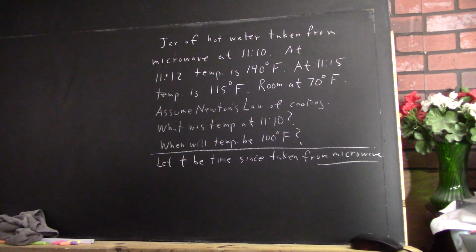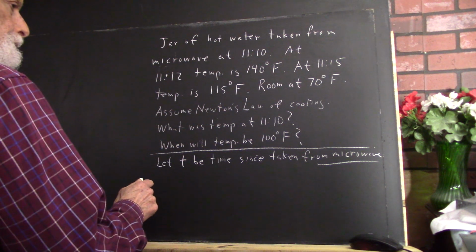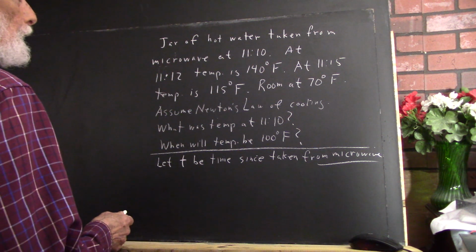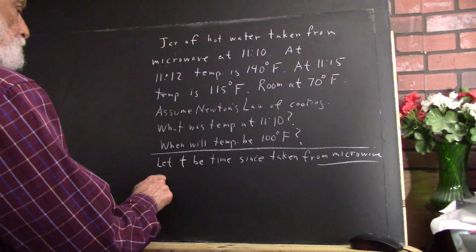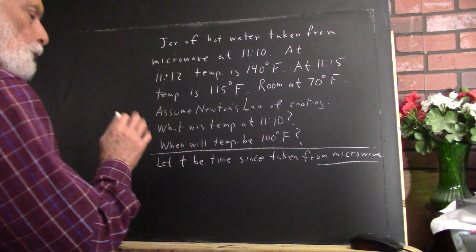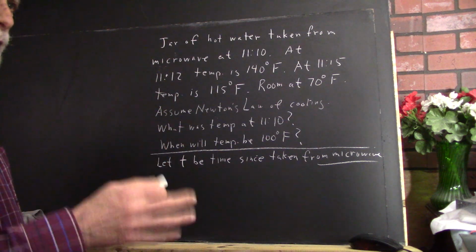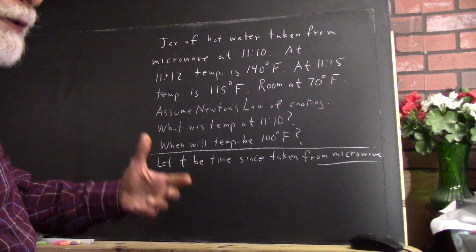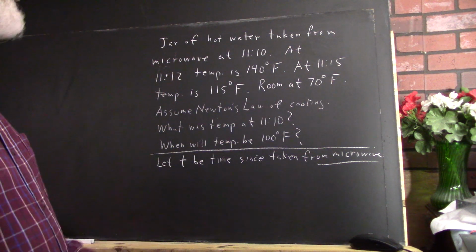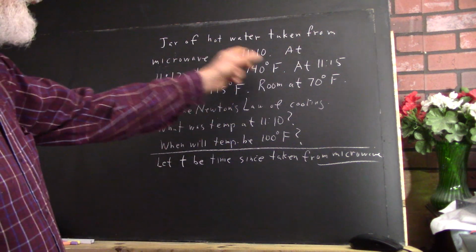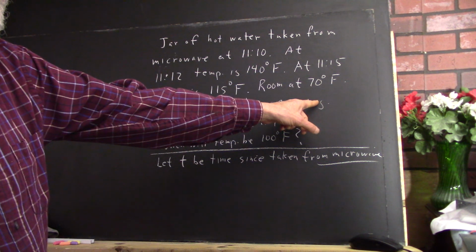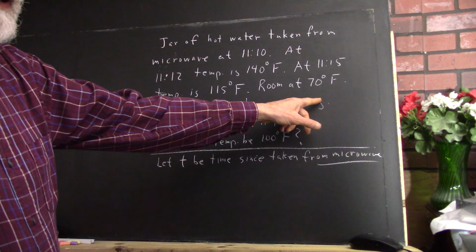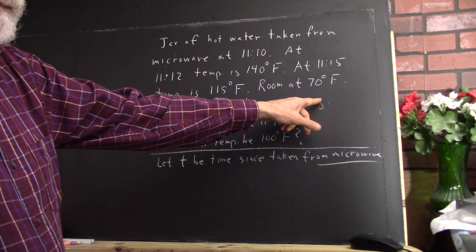And we can interpret this. According to Newton's law of cooling, the rate at which the temperature changes is going to be proportional to how far the temperature is from 70. Okay? So it's the relative temperature, the temperature relative to the room.